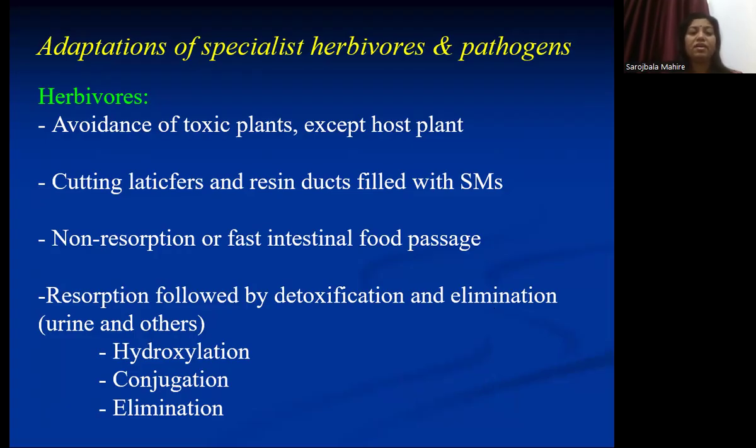Herbivores: avoidance of toxic plants except host plants, cutting ducts and regions that are filled with secondary metabolites, non-resorption or fast intestinal food passage, reaction followed by detoxification and elimination in urine or other routes, hydroxylation.